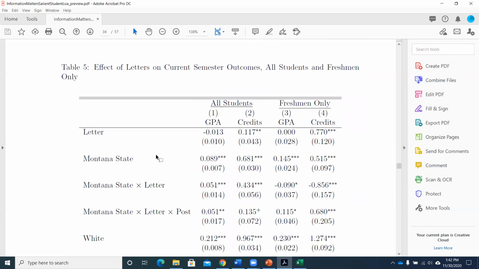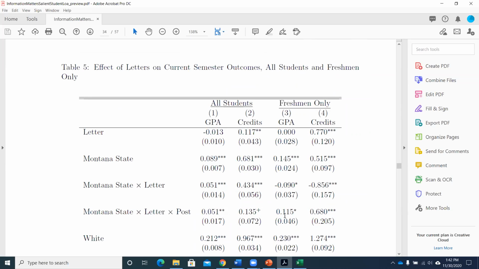All right. So the effect that it had on all students for their GPA was pretty significant, right? And it did increase the number of credits that these students were taking the following semester. And it looks like that effect is not as large. But if we look at only freshmen, those effects were a lot higher, right?